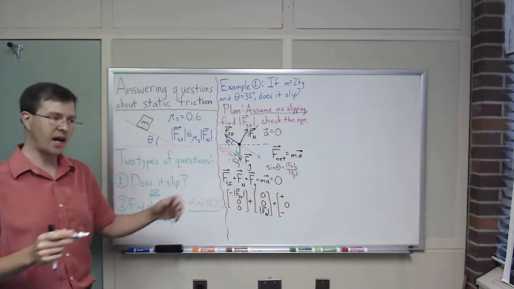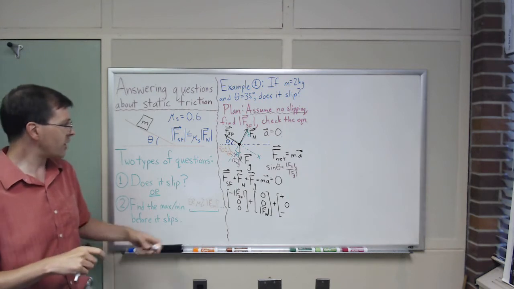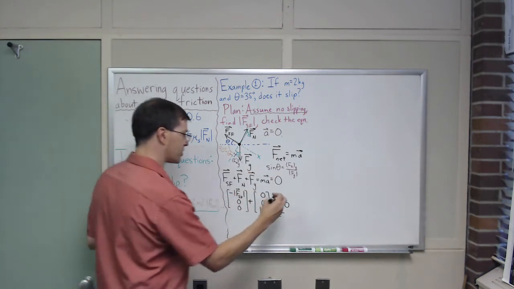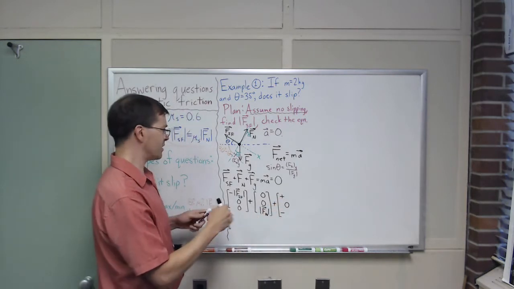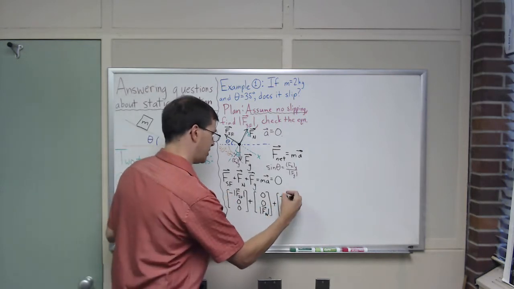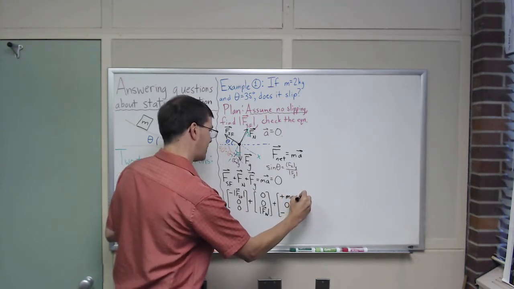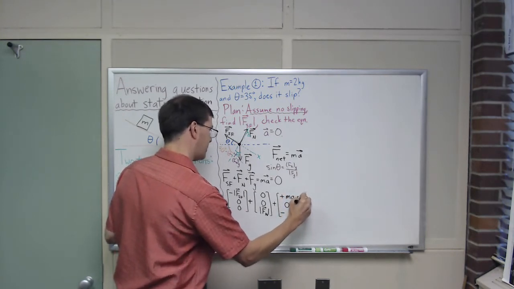I know that's how trig functions work. And so down here for the x component, it's positive, and it's going to be the magnitude of the force of gravity. I know what that is. The magnitude of the force of gravity is just mg. Mg times the sine of theta.